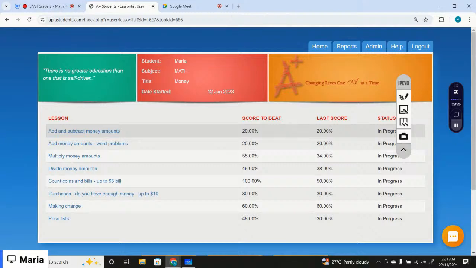The next lesson is divide money amounts.